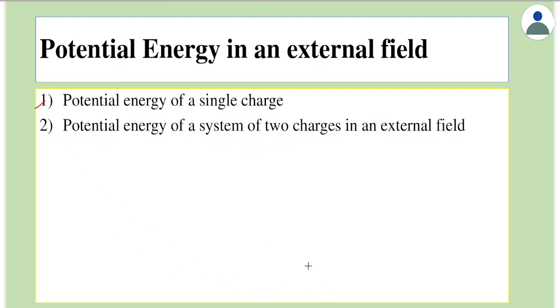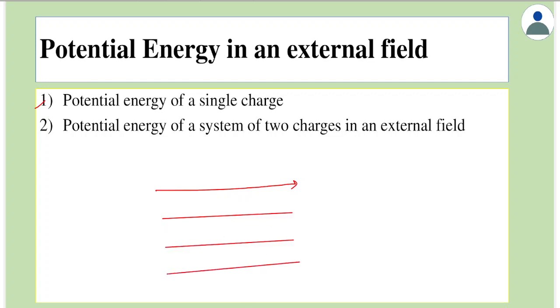To understand this, let's consider a uniform electric field. Now we know that we'll have a potential in the electric field. Even though the field is uniform, the field will have its own potential.